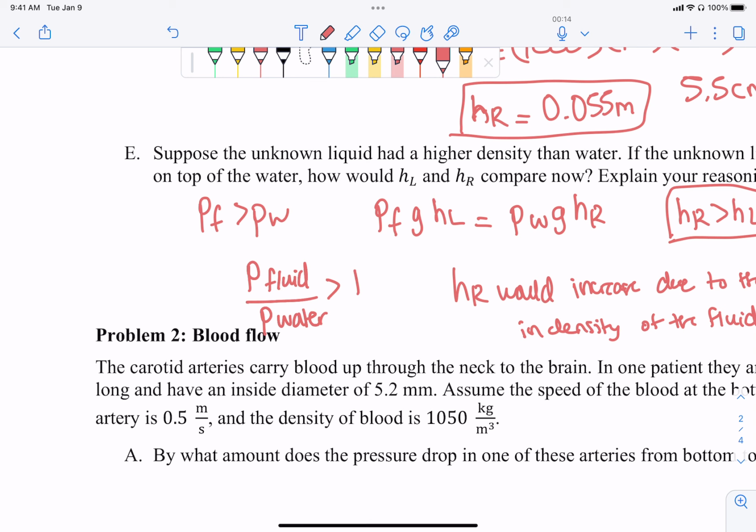So if that ratio is greater than 1, we know that the ratio of H, I don't know how I'd say it, kind of relate this to height, but I don't know if it should be HL over HR or HR over HL.